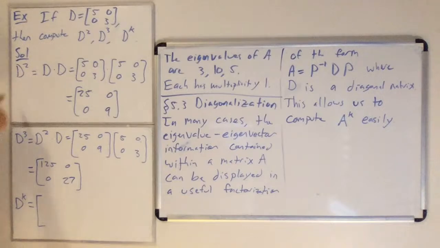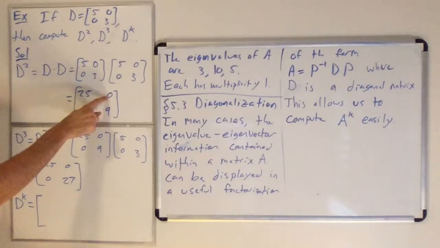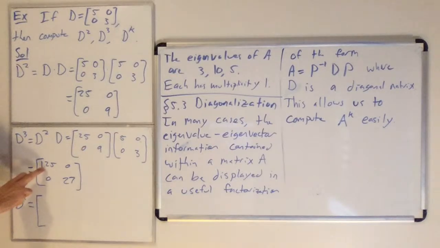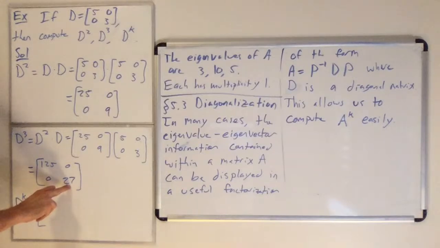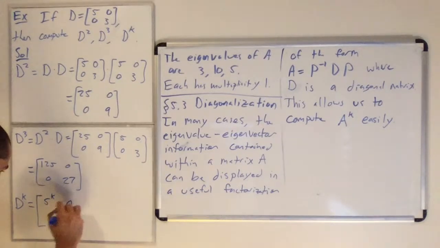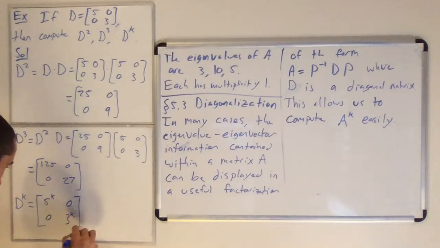D squared has the entries 5 squared, 0, 0, 3 squared. D to the third has 5 to the third, 0, 0, 3 to the third. And in general, D to the k is the matrix 5 to the k, 0, 0, 3 to the k.